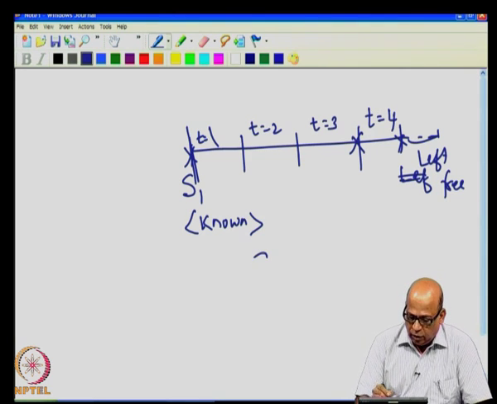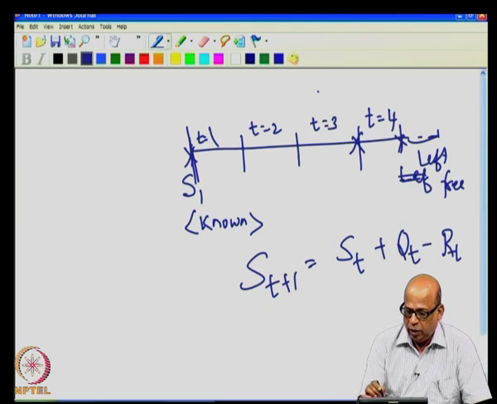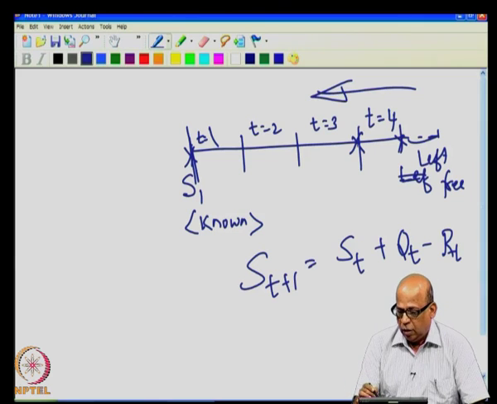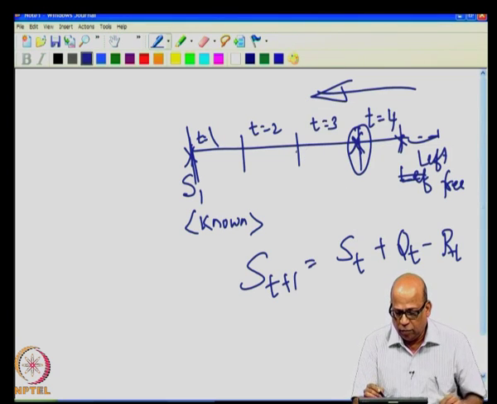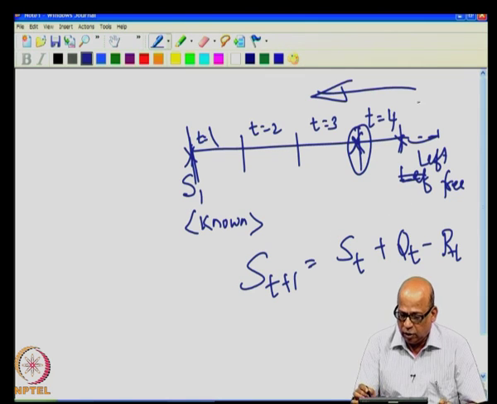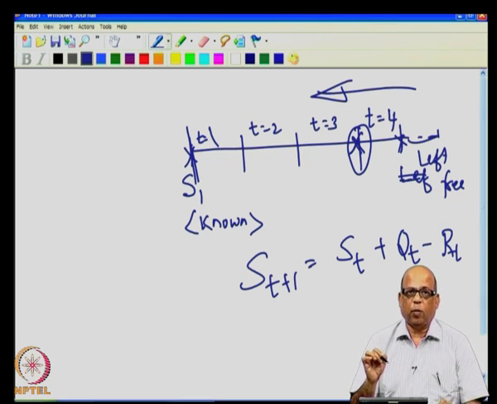Now, the storage continuity equation always relates the next time period storage with the previous time period storage. So, we are proceeding in the backward direction here. Whatever the storage that we got here, we can relate it with the storage at the beginning of this time period using this, and that is why the backward recursive relationship is advantageous for this particular problem.